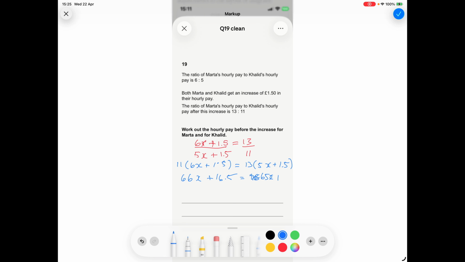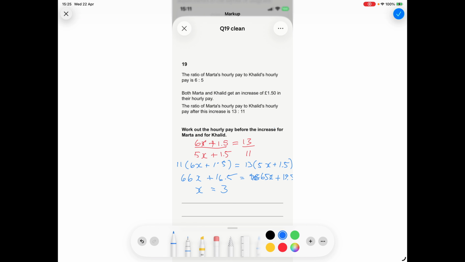So 65x plus, yeah, that's fine, 65x plus 19.5. Is that 19.5? It is, isn't it? So this will now give us, if we take 65x off 66x, that gives us x equals 19.5 minus 16.5, which is 3.